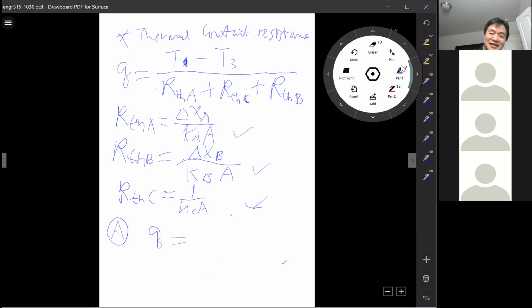That's exactly the same Q. You will go through T1 to T2A.